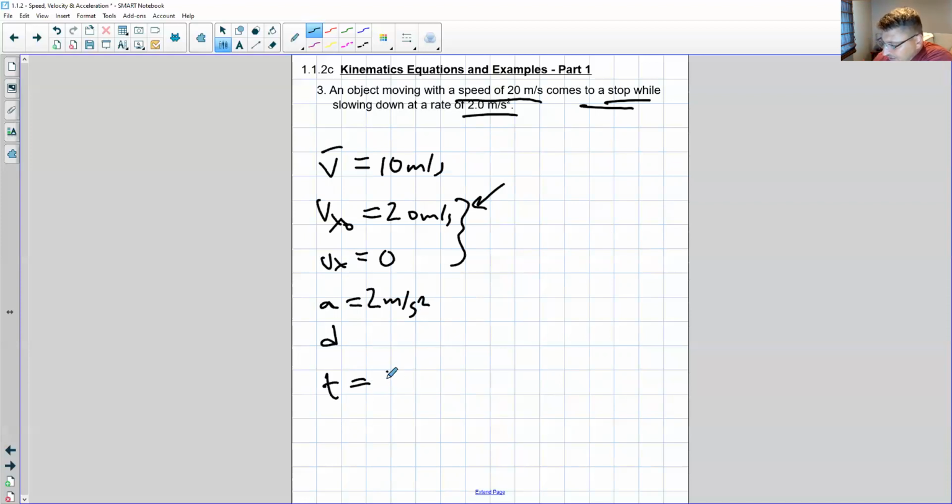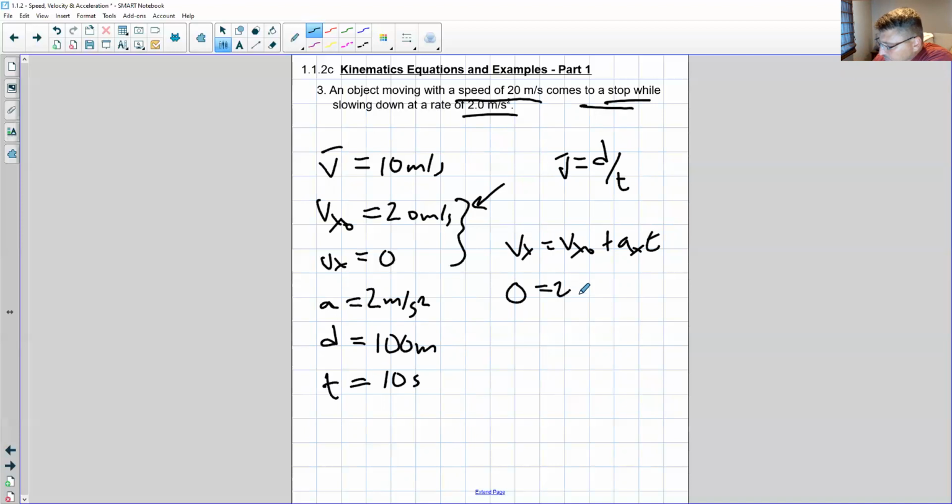Well, it's pretty clear to me that it's going to take 10 seconds. It's also clear to me that this object will also travel a distance of 100 meters. Why? Well, because V average equals d over t. Now, let's look at the calculation to get the 10 seconds. Vx equals Vx naught plus axt.